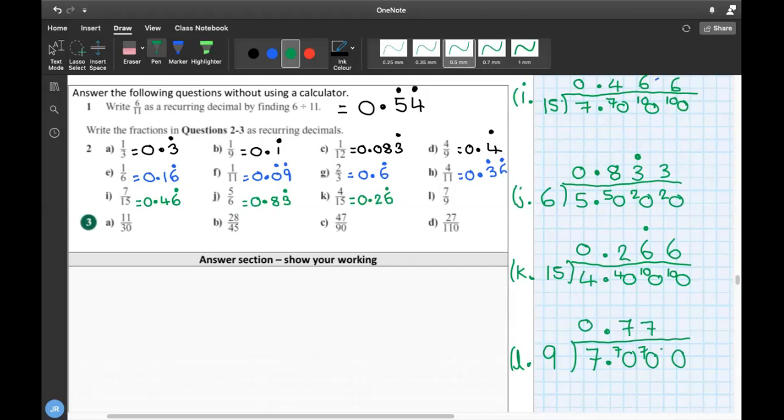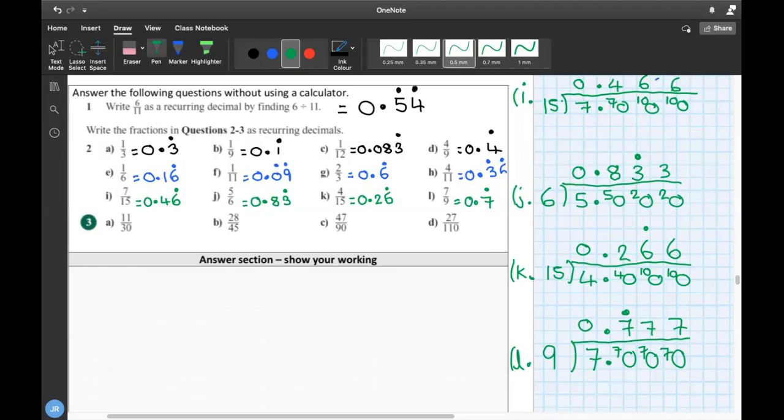So this will just continue on and on. So 7/9, 0.7. And if you have a look back at question B and question D, 1/9, 0.1 recurring, 4/9, 0.4 recurring. We've got another one here, 7/9, just 0.7 recurring.